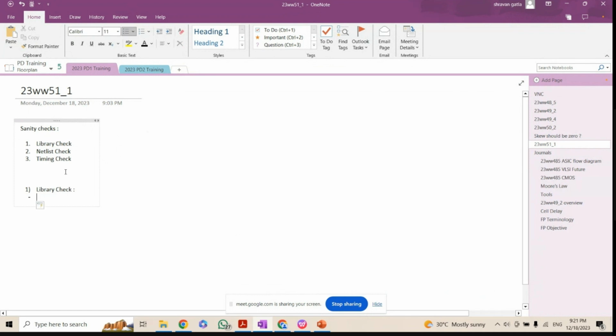The library check is basically of two types: the logical library and the physical library. In the logical library, it contains the timing, power, and noise information of each cell.